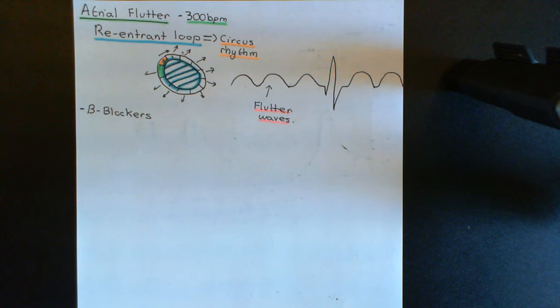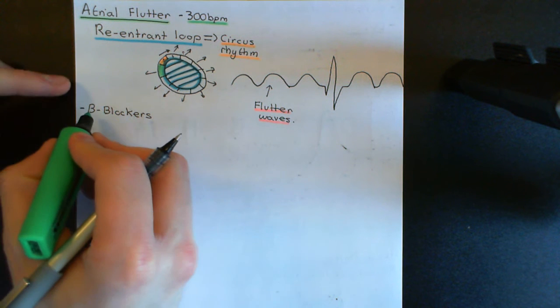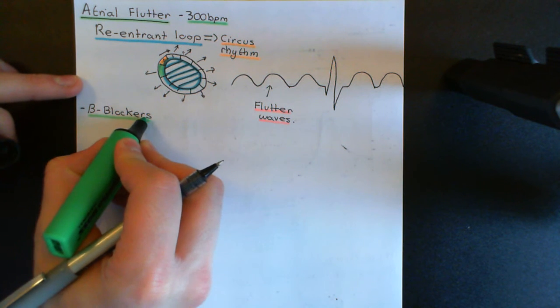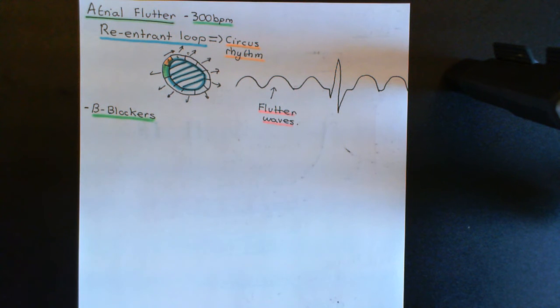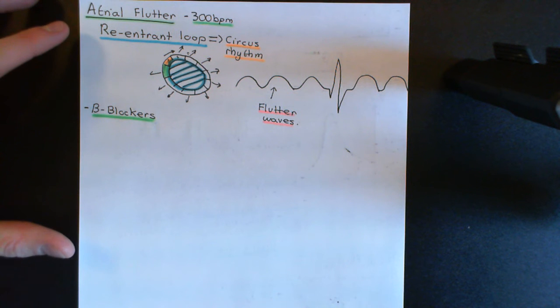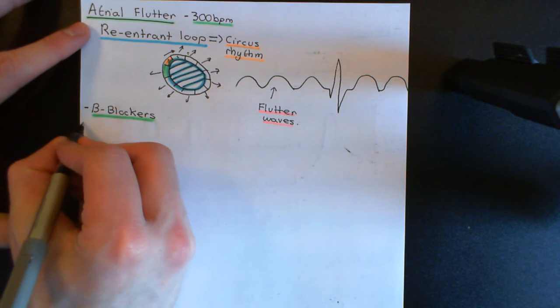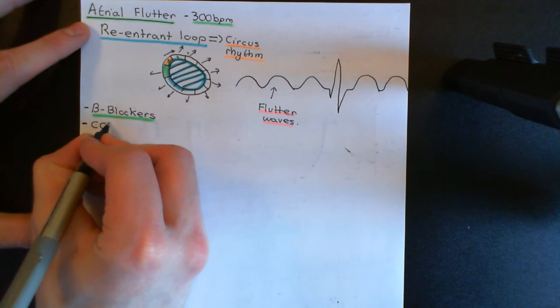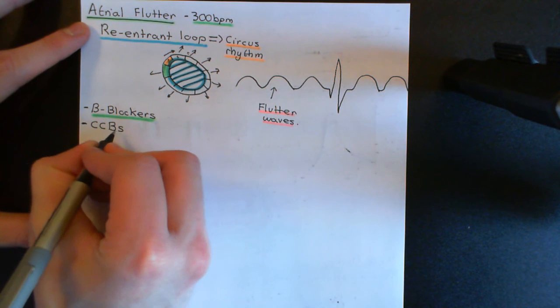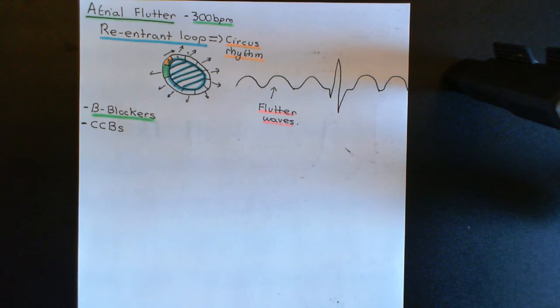So remember, sympathetic stimulation on the AV node cardiomyocytes causes them to conduct action potentials more rapidly. You have that tonic level of sympathetic stimulation onto the AV node cardiomyocytes, and beta blockers will remove that and hence reduce the speed at which action potentials are conducted along the cell membranes of AV node cardiomyocytes. So beta blockers are an option. We've also got those L-type voltage-gated calcium channel blockers, so CCBs here.